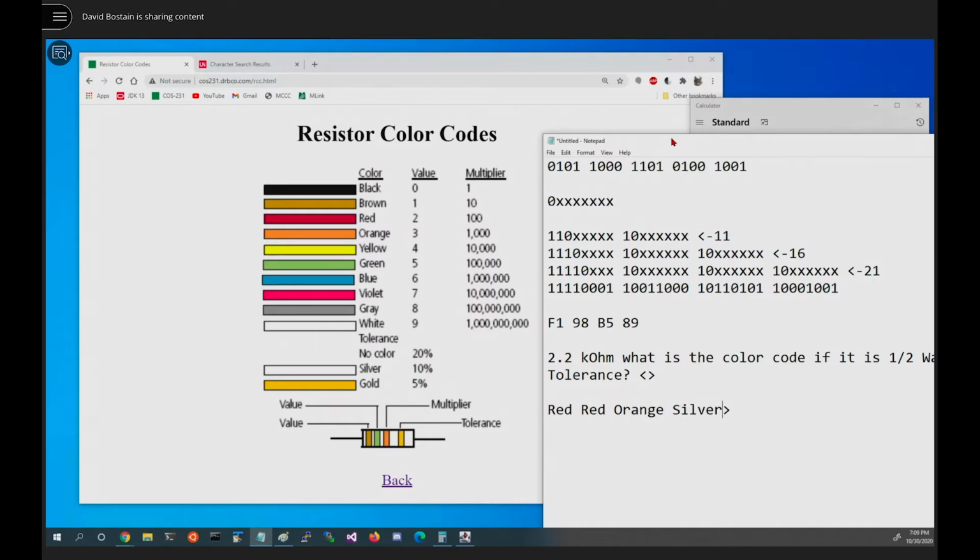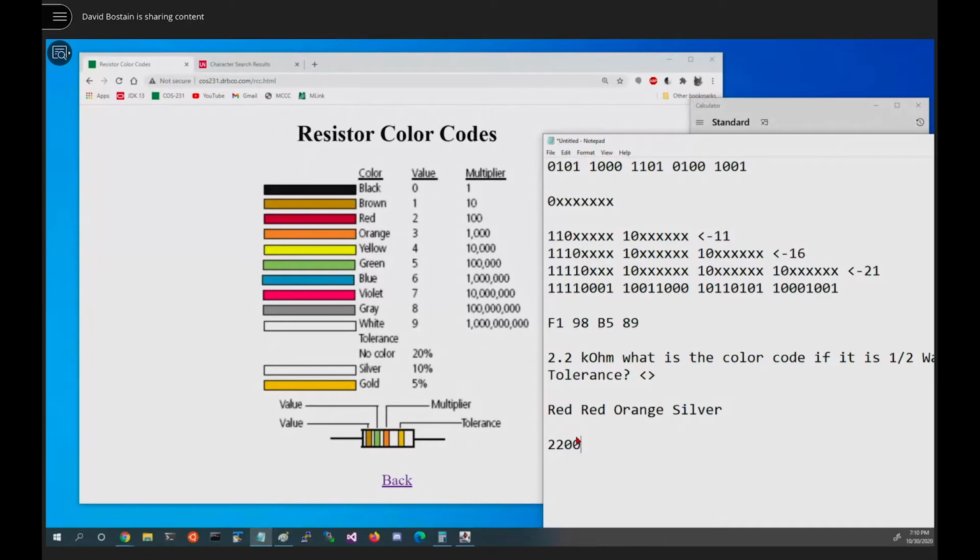What's the red? It's a 2. Second red is a 2. How many zeros are there in 2.2 k ohm? Thousand. Well, let's write this number out as it actually would look.